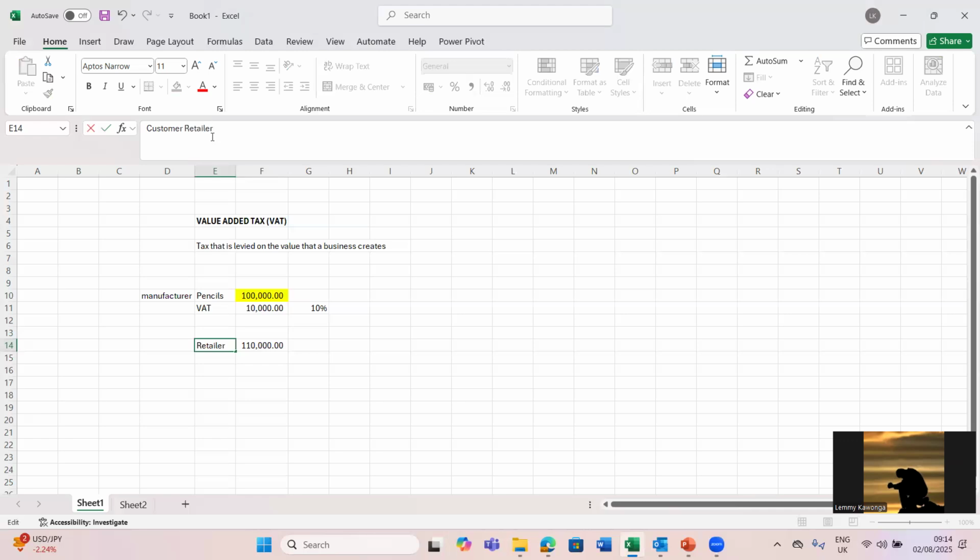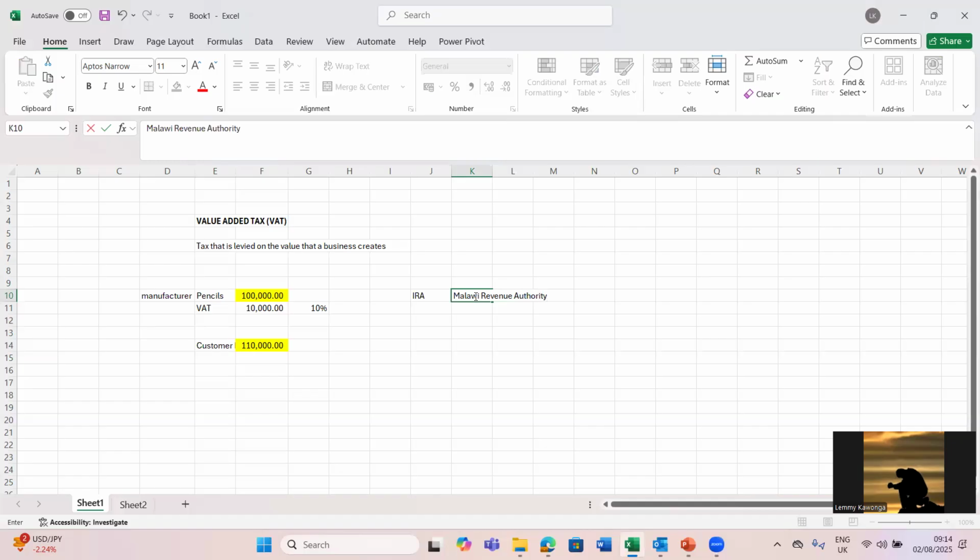A retailer. So this retailer will say, I have paid 110,000. So what happens to this 10,000? This 10,000 as a manufacturer will go to what? Some call it IRA or the revenue collecting body. Like in Malawi, we call it the Malawi Revenue Authority.